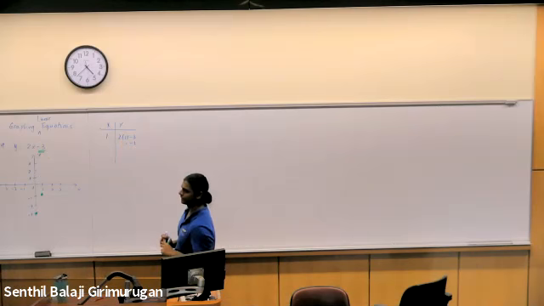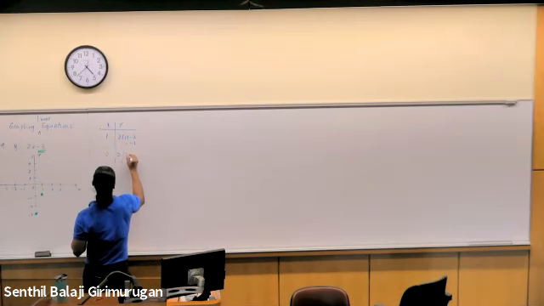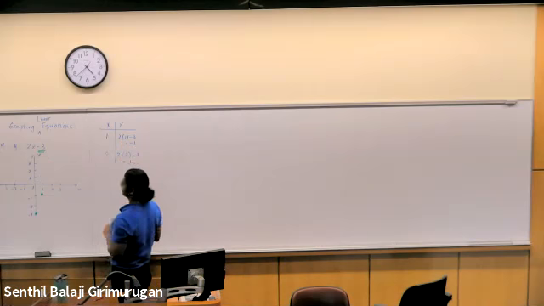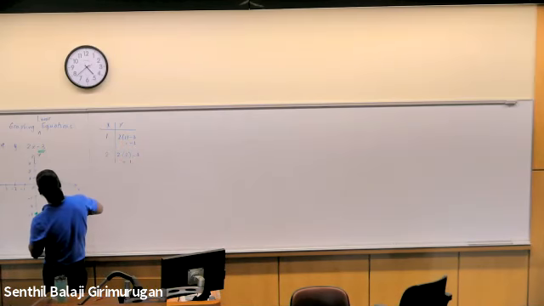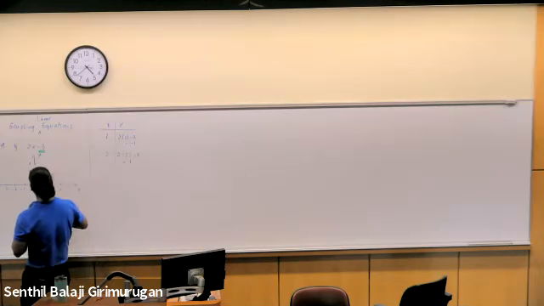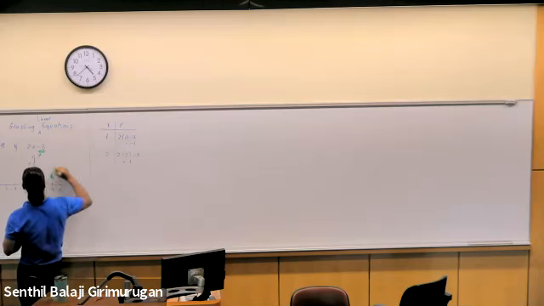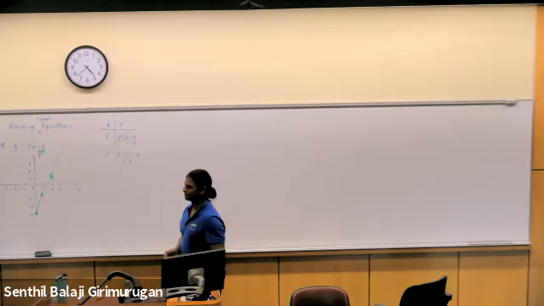Another easy point, 2. Four minus 3 is 1. So when it's 2, we get 1. It's right over there. Not to scale. And connect the dots. Does that make sense?